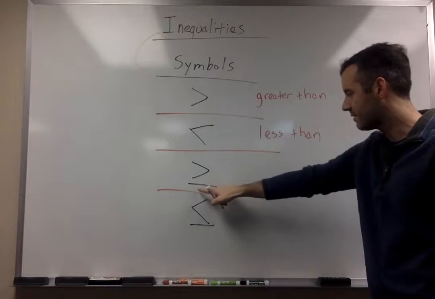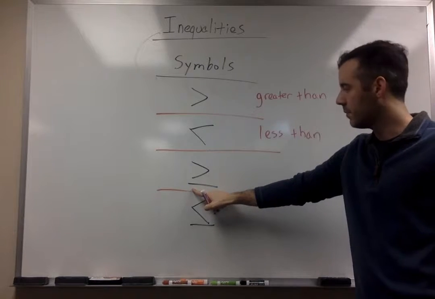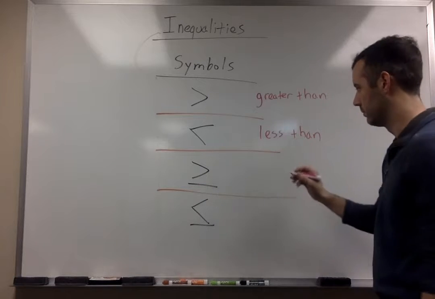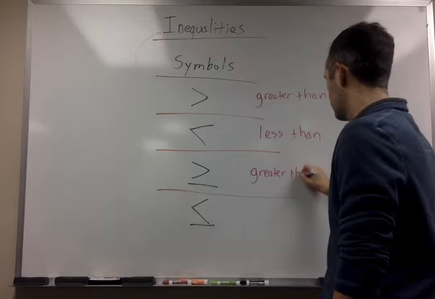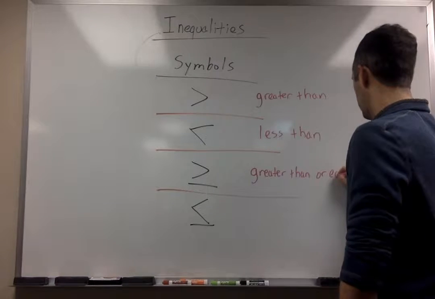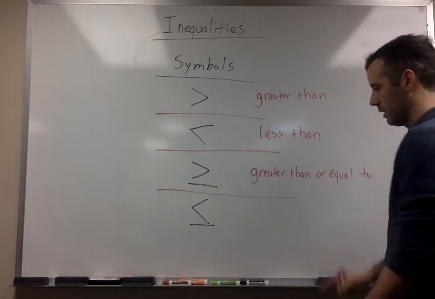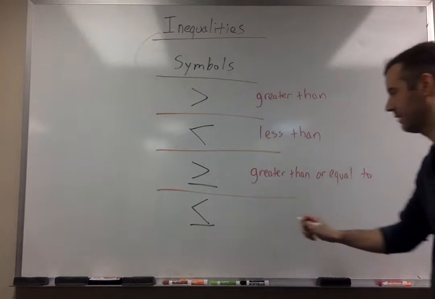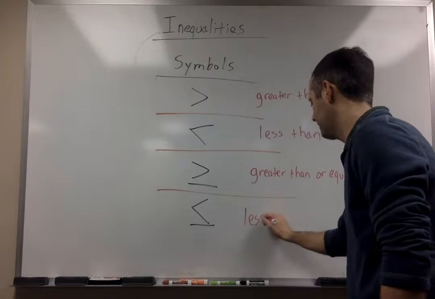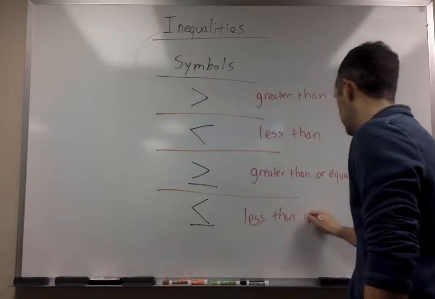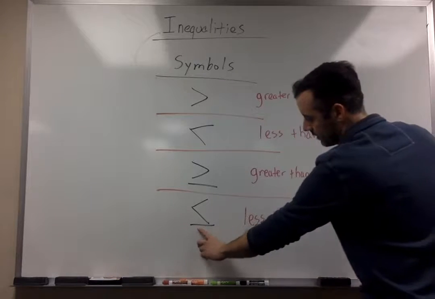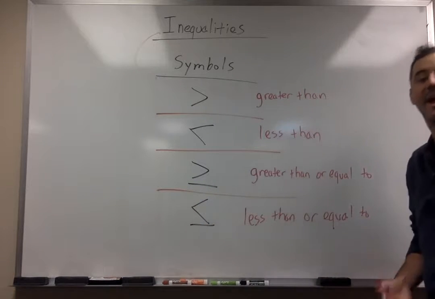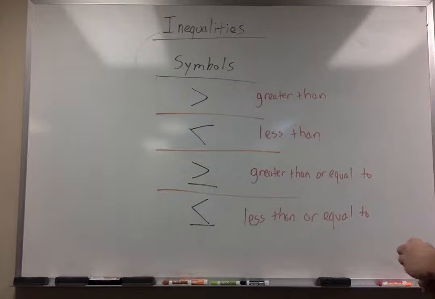This one, because it has this line underneath it, you notice that, means greater than or equal to. And this one right here means, you guessed it, less than or equal to. And we always know if it can be equal to if it has this little line underneath it, like half of an equal sign, sort of, right? Okay? So that's what those symbols mean.